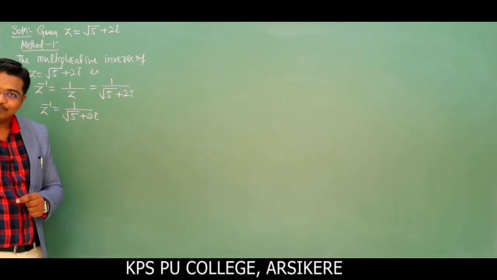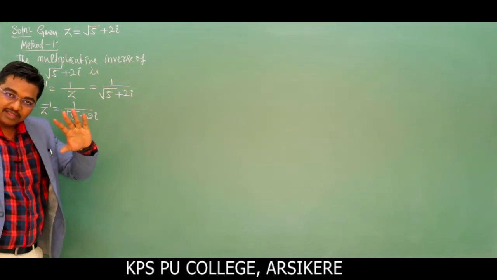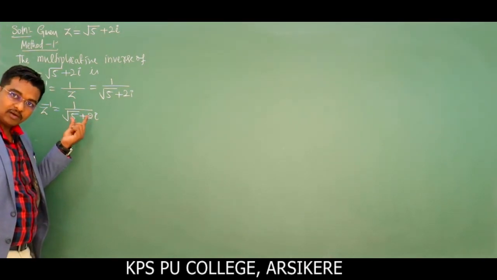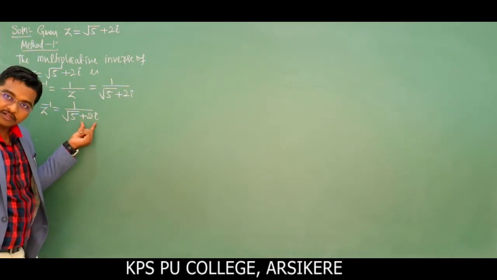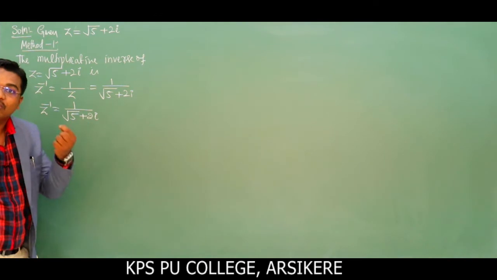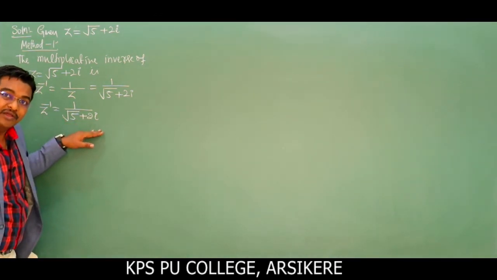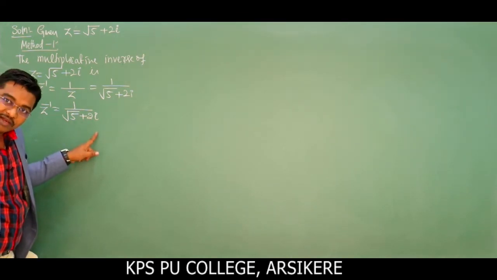So now z inverse becomes 1 divided by root 5 plus 2 into i. First, what is the method? First method is, here we multiply and divide by the conjugate. What is the conjugate of root 5 plus 2i? Very good. Root 5 minus 2i.